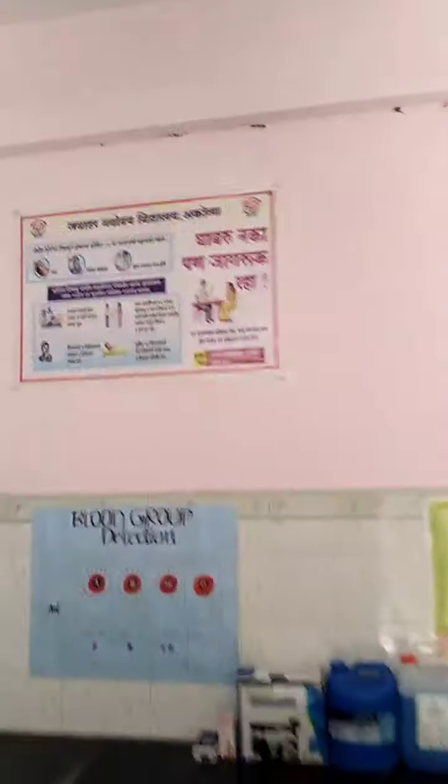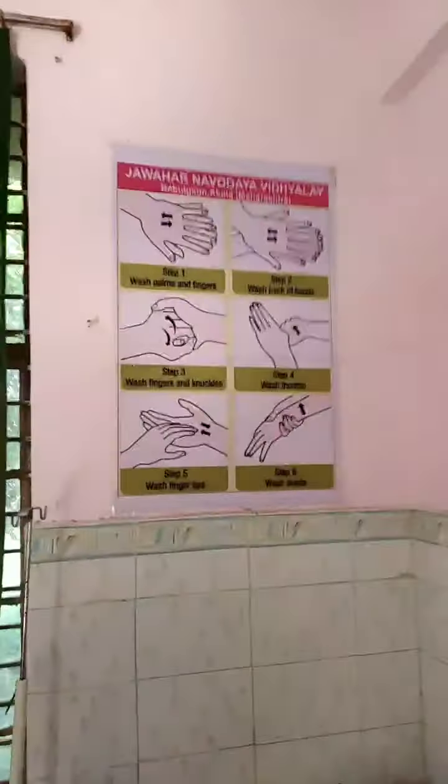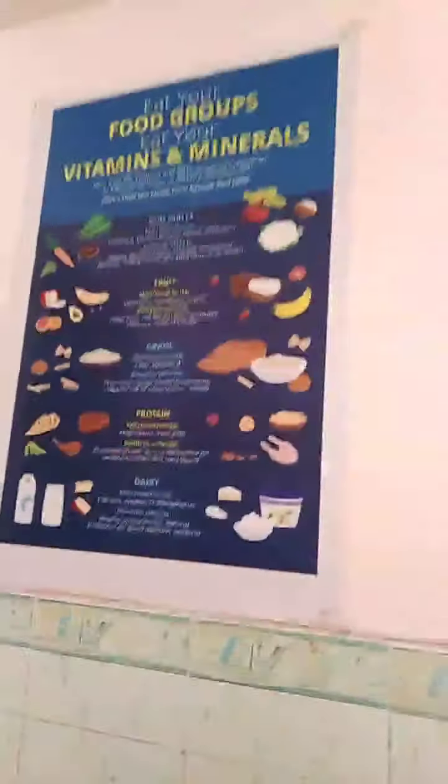Various posters are pasted, and this is a table for the staff nurse. Now we are moving towards, at my left there is a toilet room, and now we are moving towards the labs.